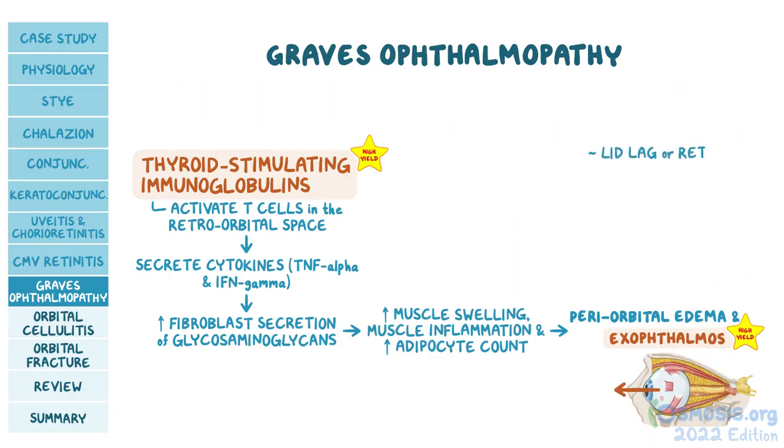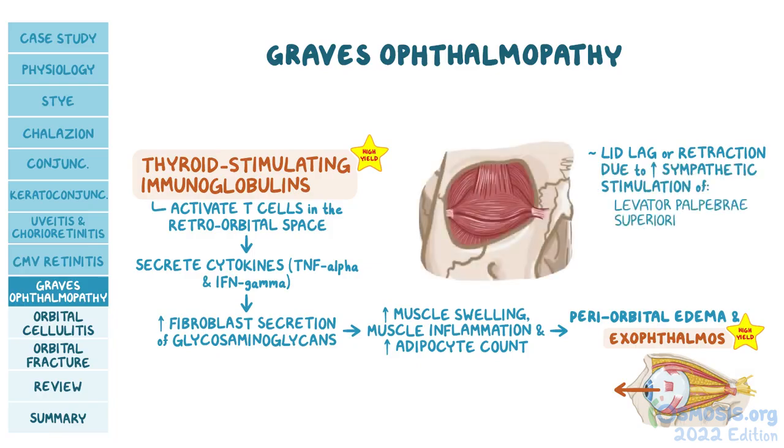Lid lag or retraction might also be observed, and these are due to the increased sympathetic stimulation of the levator palpebrae superioris and superior tarsal muscles, which control eye and upper eyeball movements.